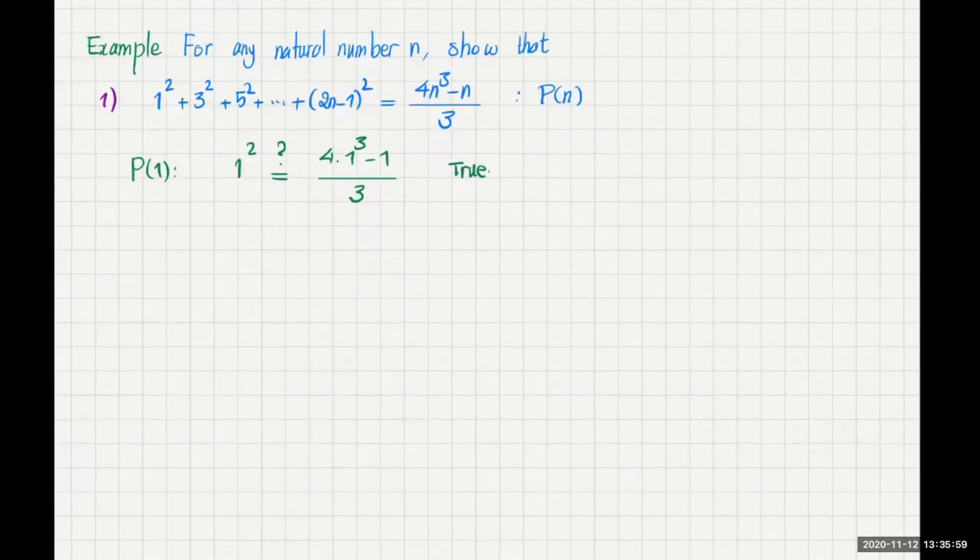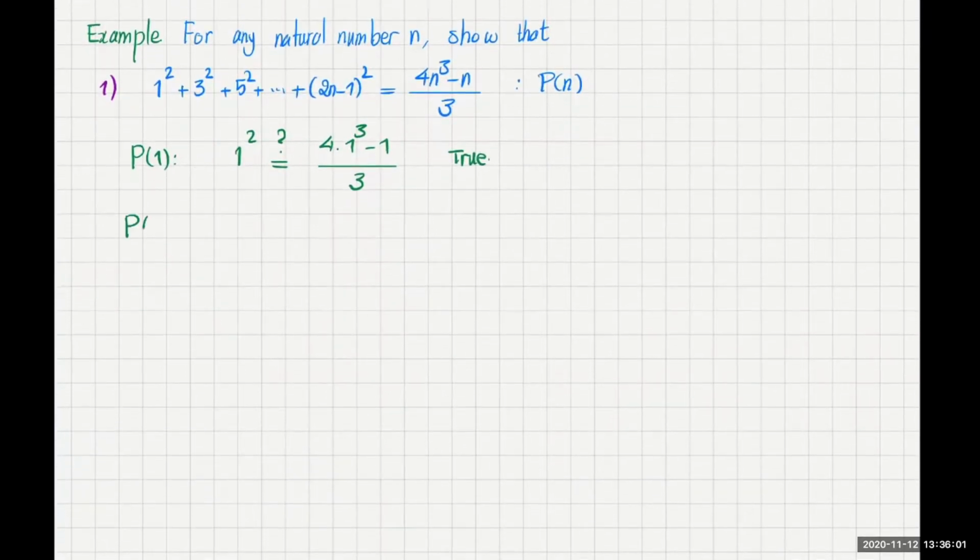Now, if you remember, we are supposed to assume that if k is a natural number, then Pk is assumed to be true. Technically, writing Pk is very simple. You just replace n with k everywhere. So it becomes 1 to the power 2 plus 3 to the power 2 plus 5 to the power 2, up to (2k minus 1) to the power 2, is equal to (4k cubed minus k) divided by 3.